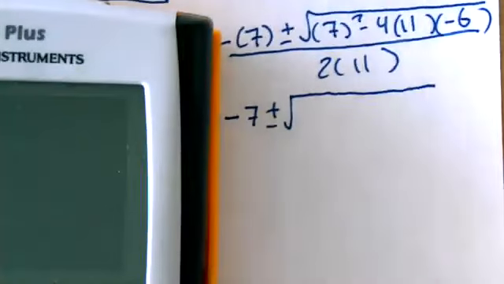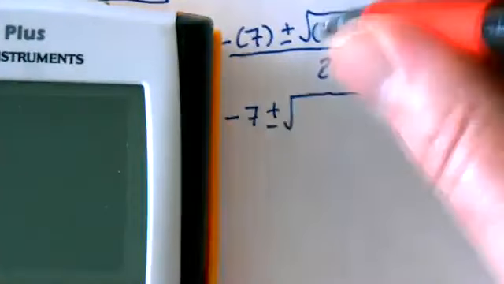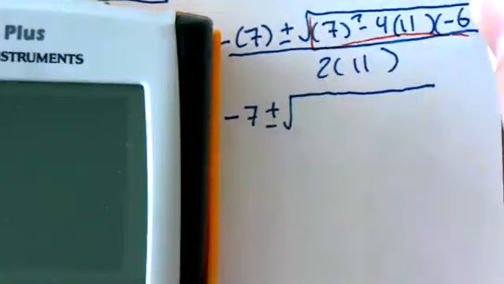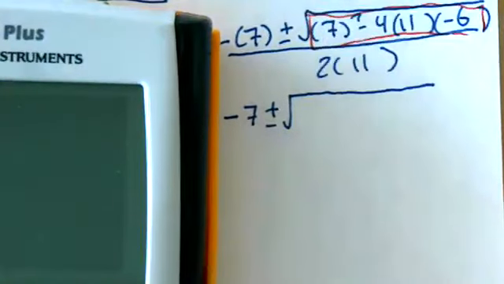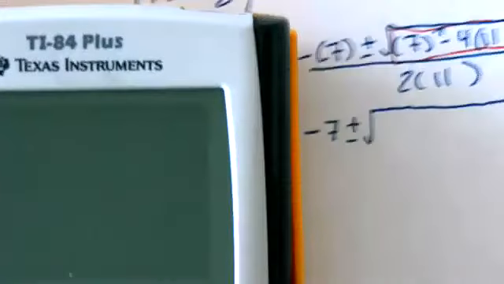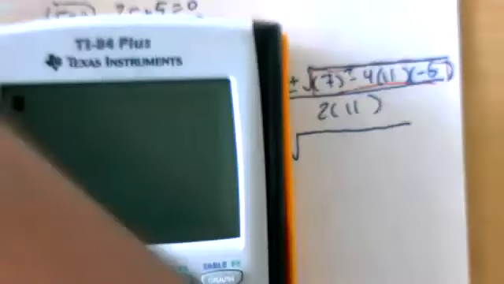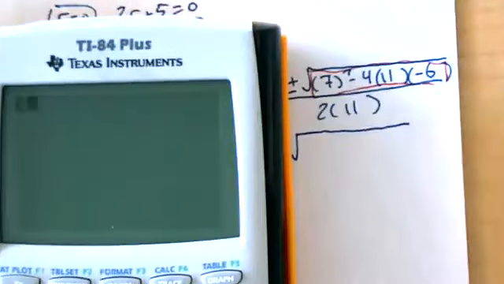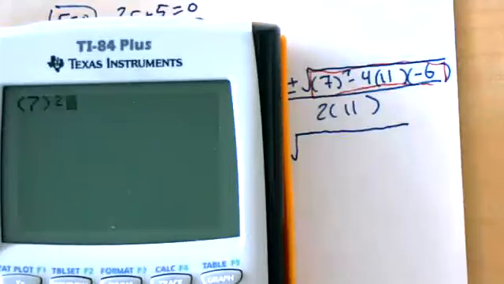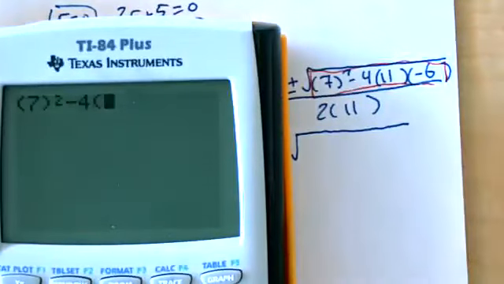All right, let me show you the shortcut. This isn't much of a shortcut. It's just like take this whole thing underneath the radical and punch it in your calculator with the parentheses. I'm just going to take this whole thing right here and punch it into my calculator. So I got 7 squared minus 4 times 11 times -6.